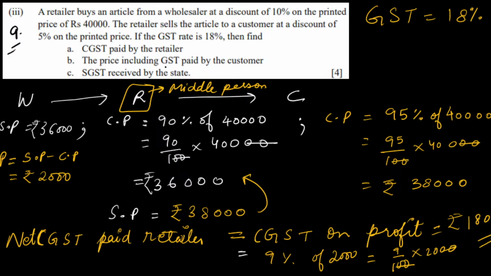Now, the price including GST paid by the customer and the SGST received by the state. We will do the third part first. What will be the SGST received by the state?